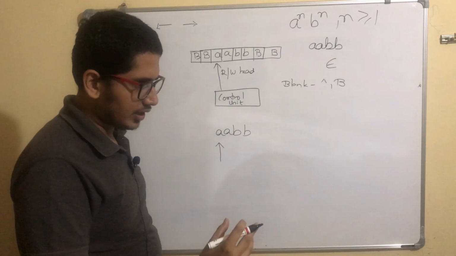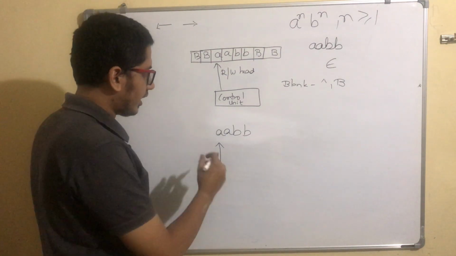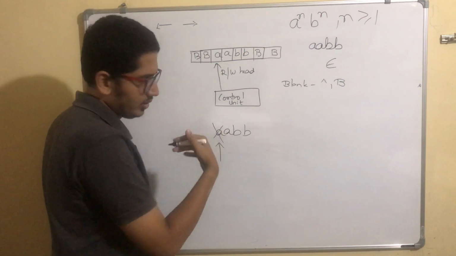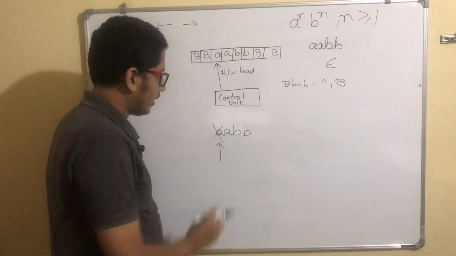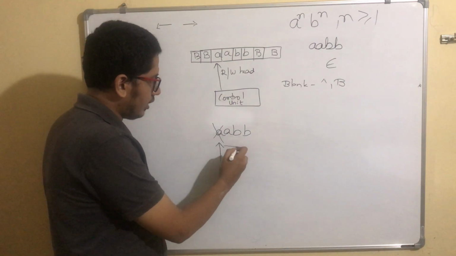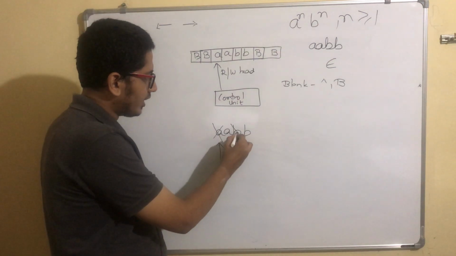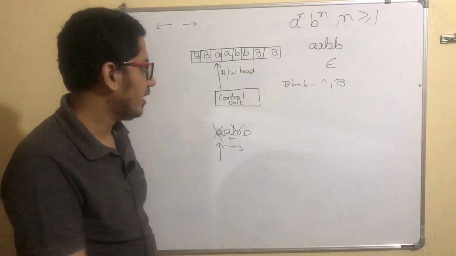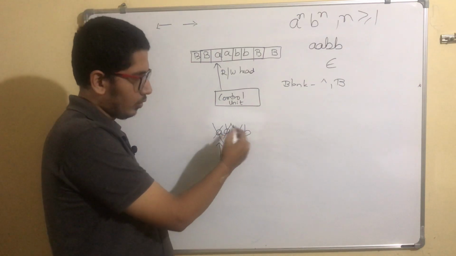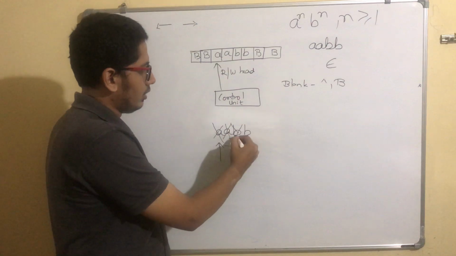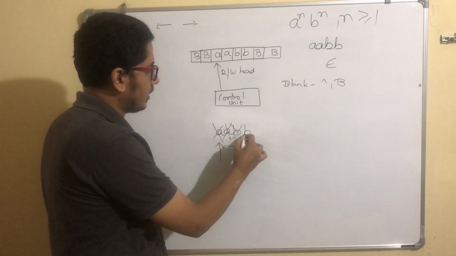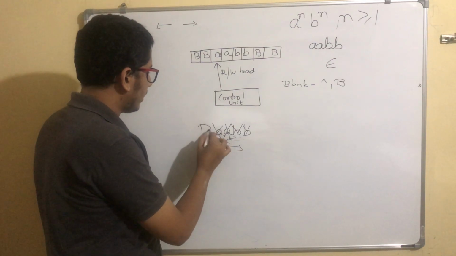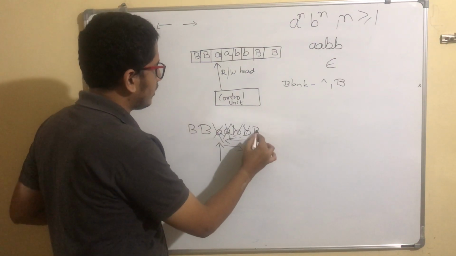When it sees the first A, it marks it as seen. Consider X to mean seen for A. So it marks it as X and moves towards the right. Then when it sees the first B, it marks it as Y and comes back. Then when it sees the A again, it marks it as X and moves right again, comes to B, marks it as Y, and comes back to X. Here, left and right there will be blanks.